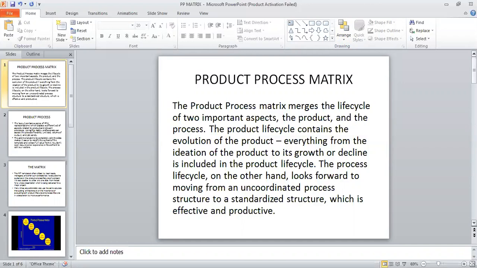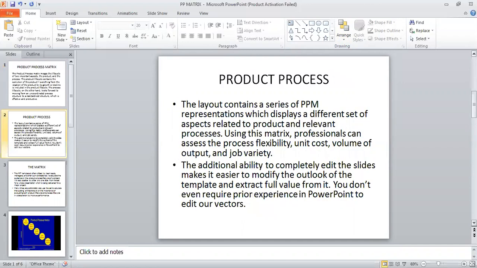In this topic, we will discuss how the product process matrix contains a series of PPM representations which display different aspects related to products and their relevant processes.